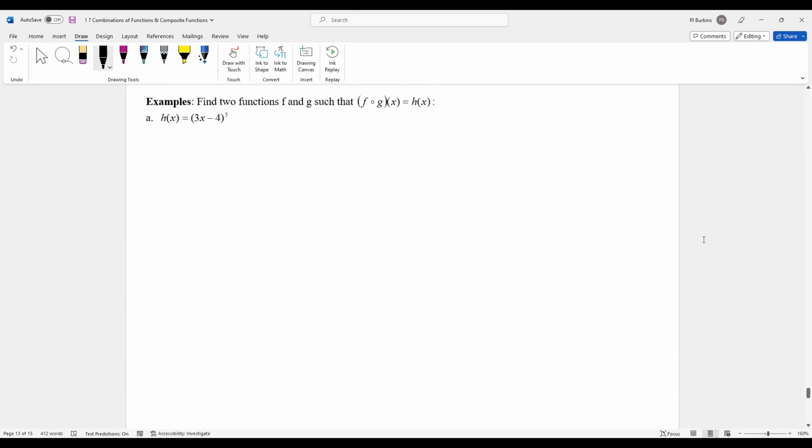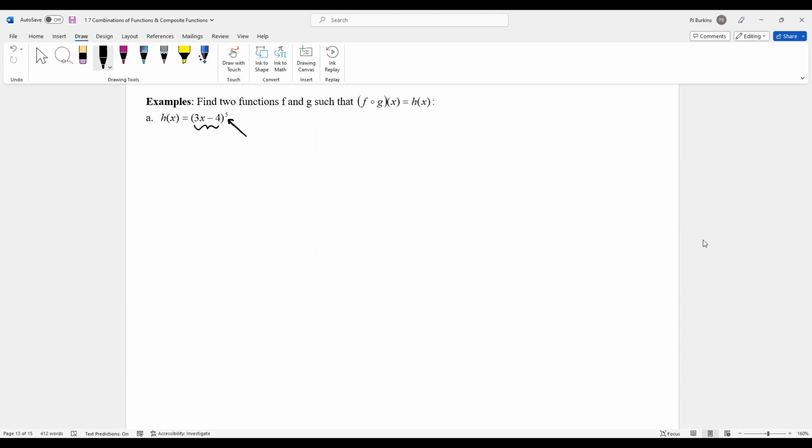All right, this last example is going to be asking us to say, here is a composite function. Can you tell me what two functions make up this composite? So this is fairly simple, right? I see that I have a function inside of a set of parentheses, and it's all to the 5th power.